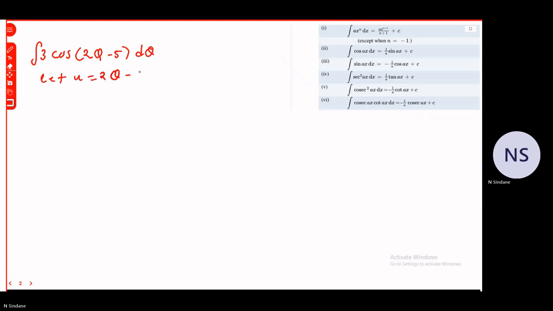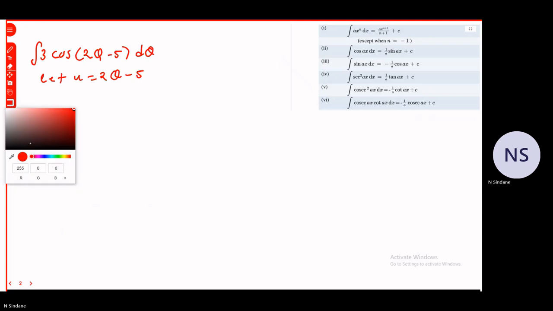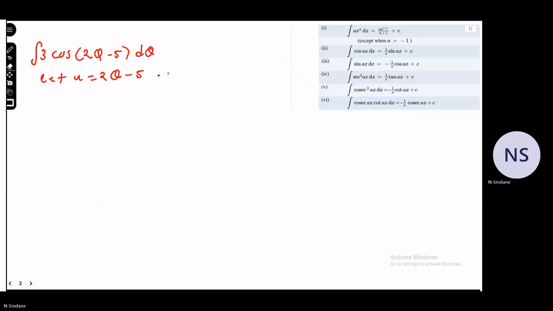And then from there, as we said, we're going to differentiate this. Then du over d theta is equal to 2. Therefore, d theta will be du divided by 2.